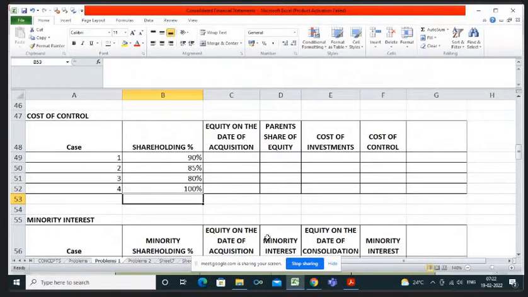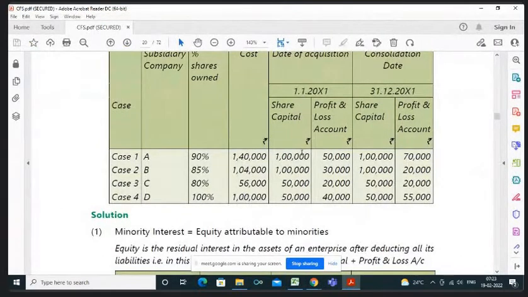Now the second point what I want is equity on the date of acquisition. So how to find out the equity? There are two approaches. One is adding the capital and reserves and surplus. Another thing is take the assets and reduce the external liabilities. In the present question, they have not given any information about the assets or external liabilities.